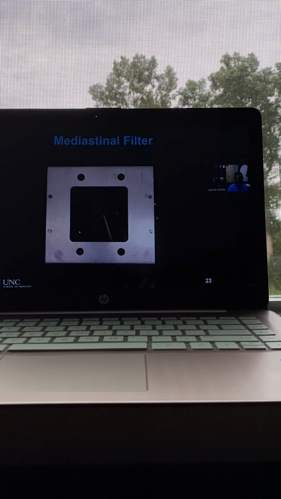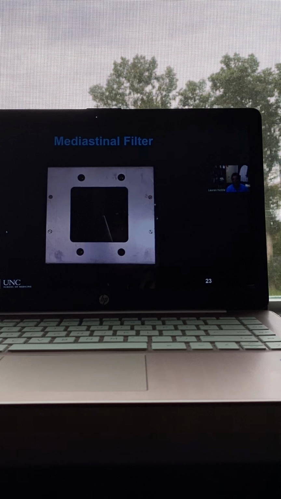This is also used for chest imaging. This is called a mediastinal filter. It also attaches to the collimator. If you notice, this portion of the filter and this portion of the filter correspond to the lungs, so those areas of the filter will absorb a certain amount of x-rays, while it allows a certain amount here to go through because this is an opening.